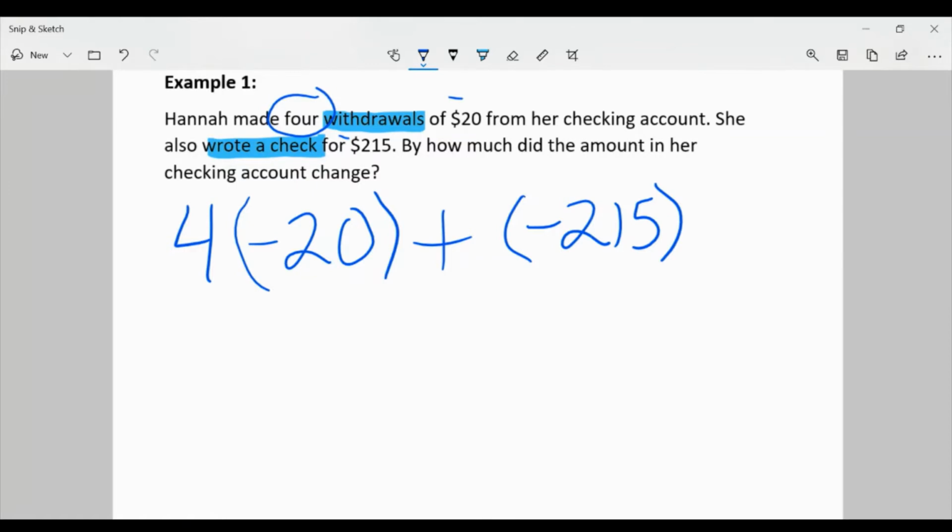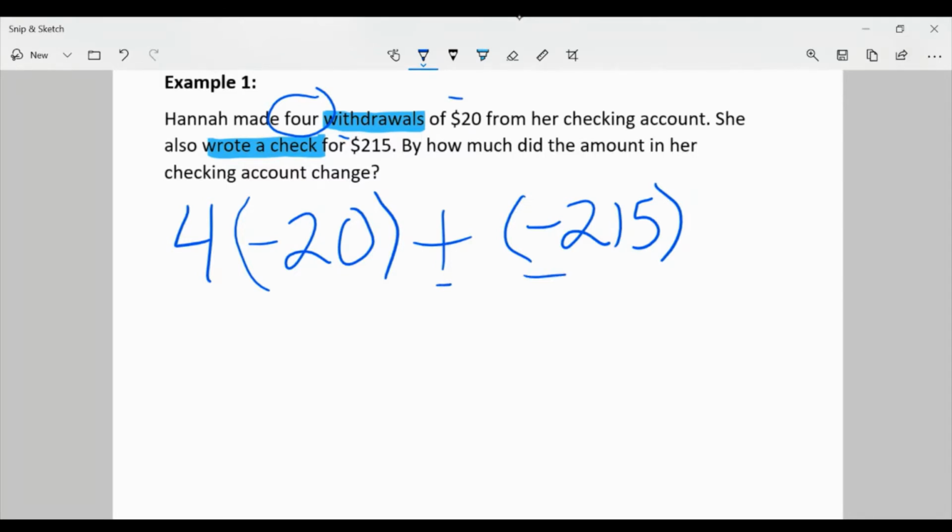Your PEMDAS, your parentheses, exponents, multiplication, division, addition, subtraction. Well, in this case, we have multiplication and we have some addition or subtraction, with these double signs here, right?